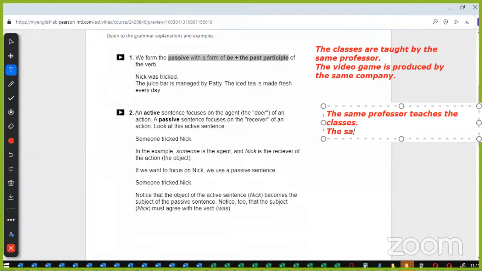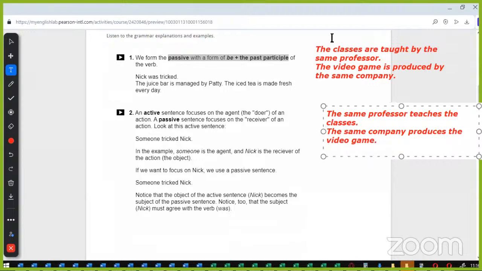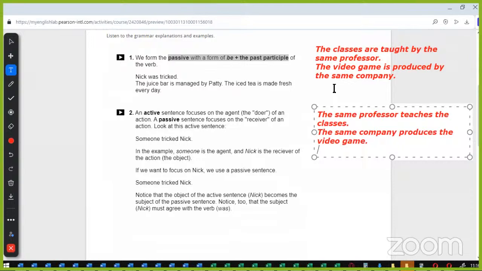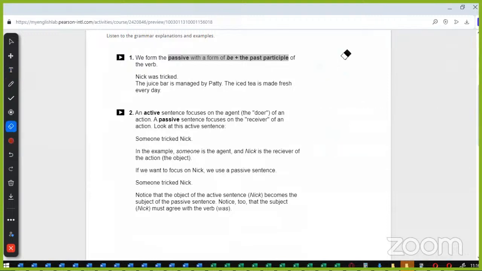Or the same company produced or produces the video game. In this case, I'm using the active form of the sentences you created. Is there any question with one or two, maybe? No, teacher. Okay, great.